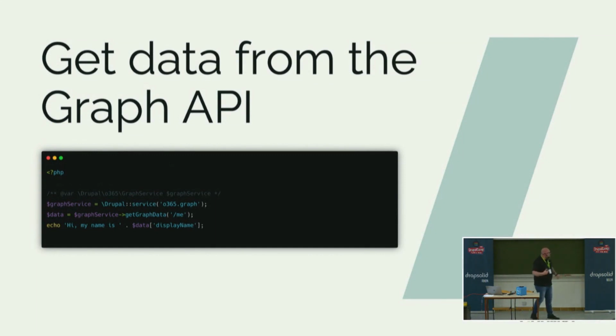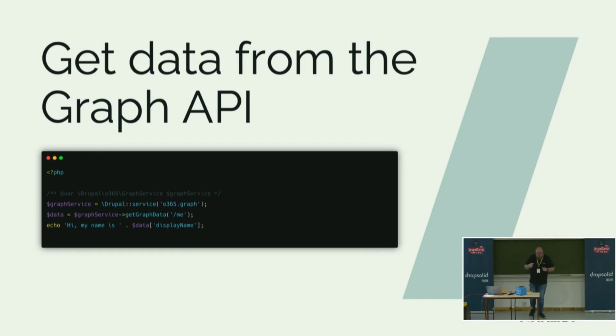We try to make it as easy as possible. So we created a service to get and post data from Drupal to Microsoft. And it's as easy as this. The get graph data /me, that's an endpoint in Microsoft. You can get all those endpoints in the documentation from Microsoft Graph API.